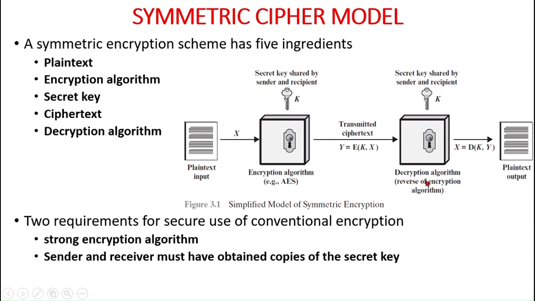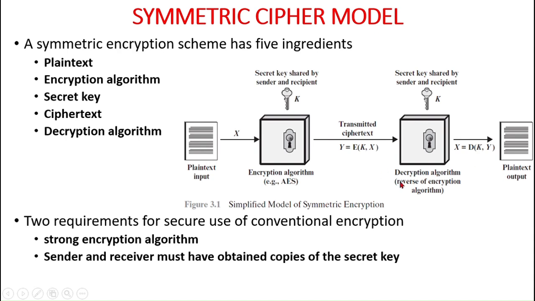The reverse of the encryption algorithm is applied, and then we derive X, the plain text, is equal to the decryption of K comma Y. We get the plain text output. If there is any problem with this K, we cannot get the original plain text.